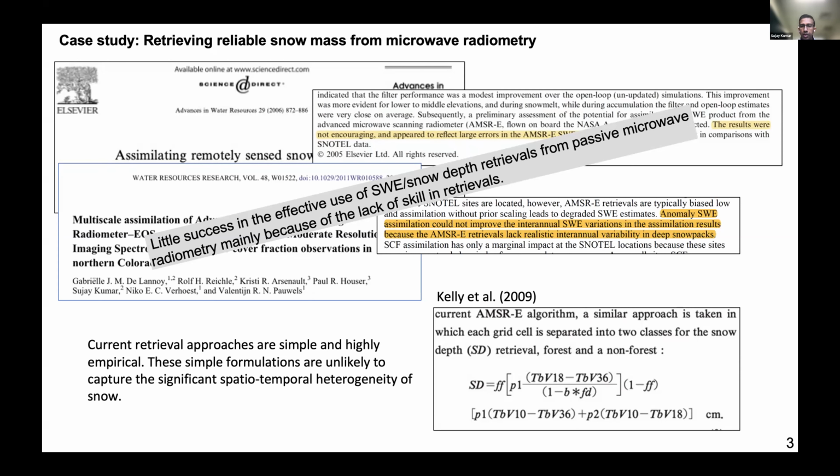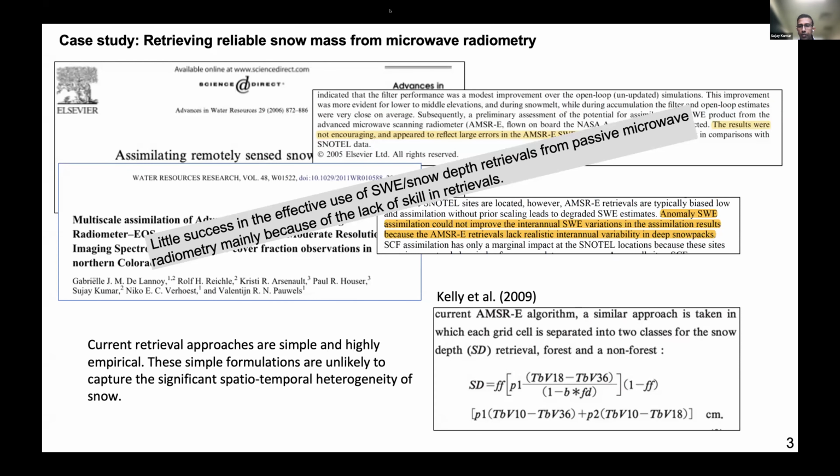It's essentially a linear regression approach, which is highly parameterized, and it works well over places where it was developed. But the simplicity of this approach is highly unlikely to be useful in large-scale applications of the algorithm at a global or continental scale.